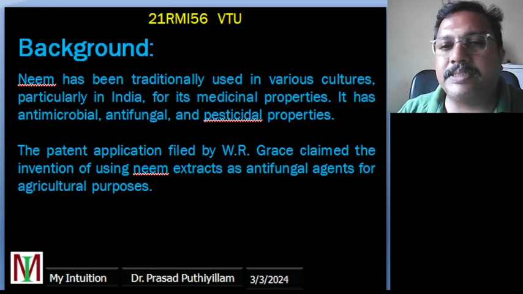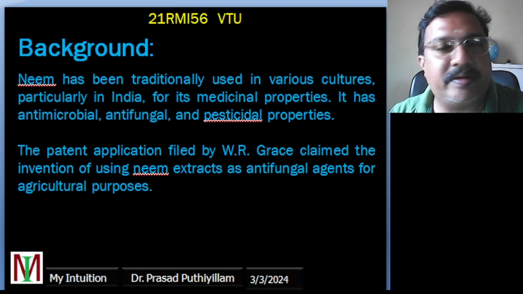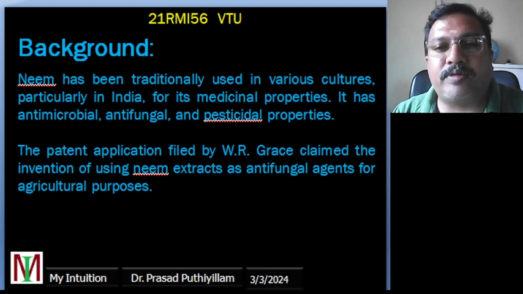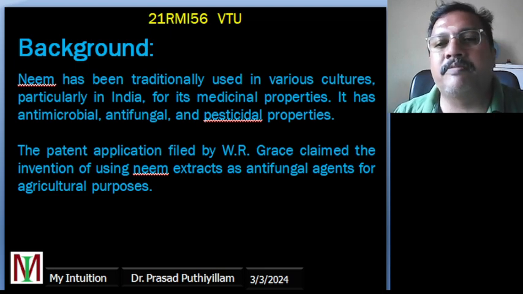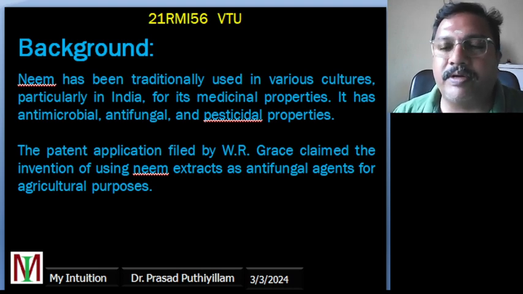The background says that neem has been traditionally used in various cultures, particularly in India, for its medicinal properties, because it has antimicrobial, antifungal, and pesticidal properties. It is used to kill microbes, to kill fungus, as well as pests. It is generally used already. We know the use of neem.